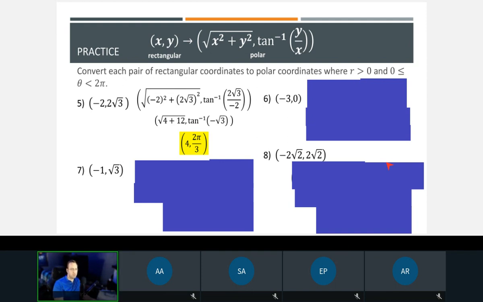And that's why maybe graphing them, just maybe a little sketch of a graph, might help you to make sure that the original point, and then the point that you find, in this case our polar point, is in the same location. If they are, you're done.